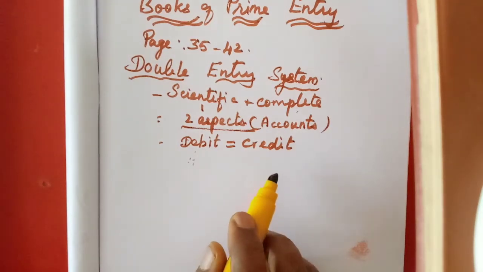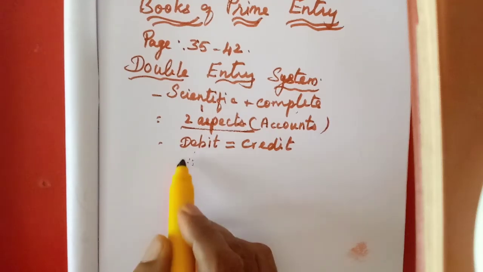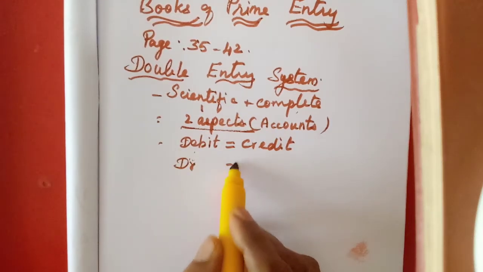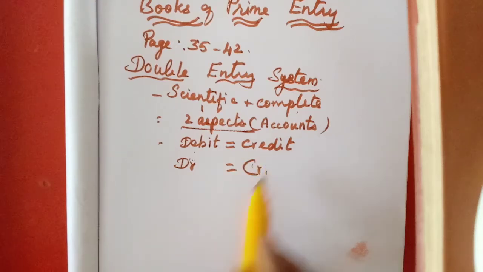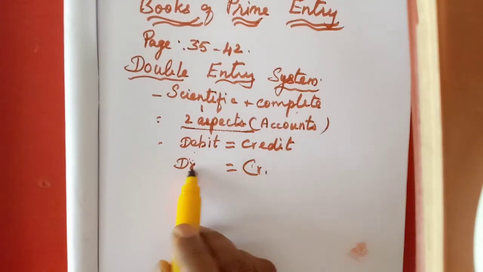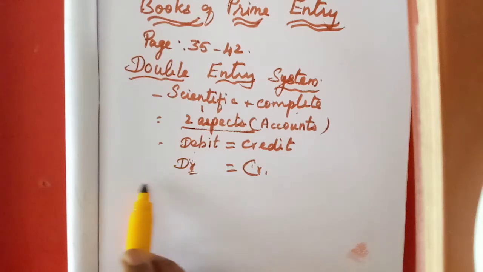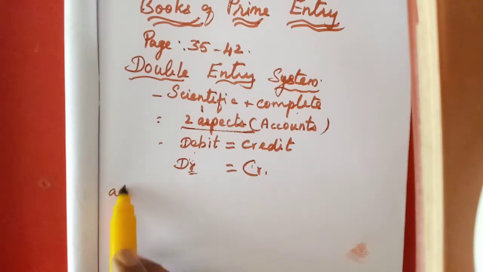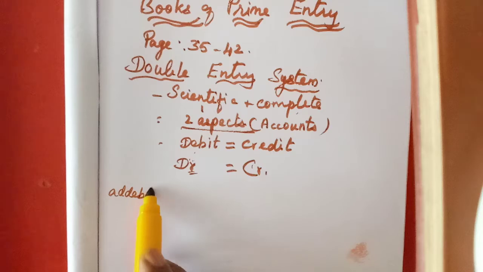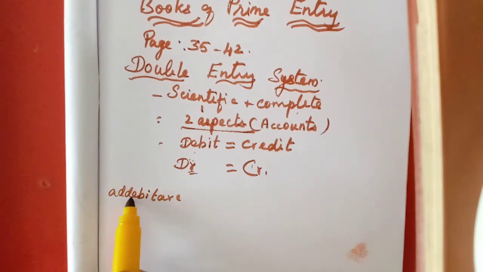We call this the debit aspect, and in short we write Dr, debtor. In short we call the other one credit. Though we do not have an R in debit, we write this R because this word came from the Italian language or Latin, debitor, debtor.